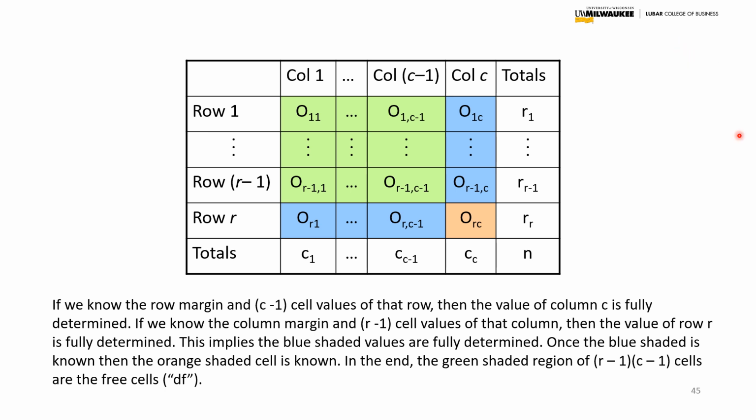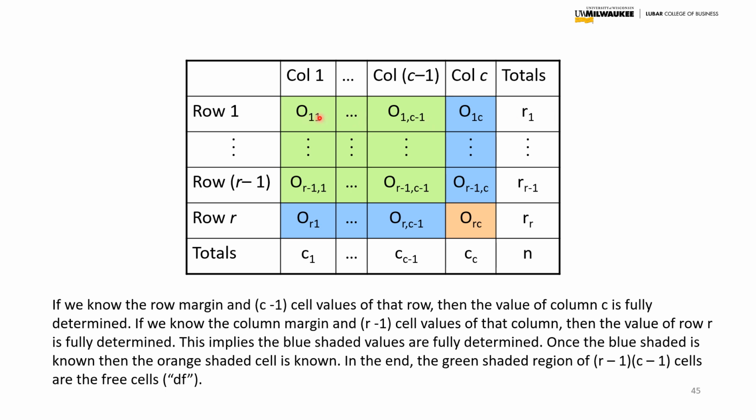If you're curious to know why the degrees of freedom is r minus 1 times c minus 1, let me give you a simple explanation. Remember, degrees of freedom is indicating the observations that can be free to be whatever they may be. They are not restricted. For example, let's look at row 1. Given we have R1, let's say it equals 105.